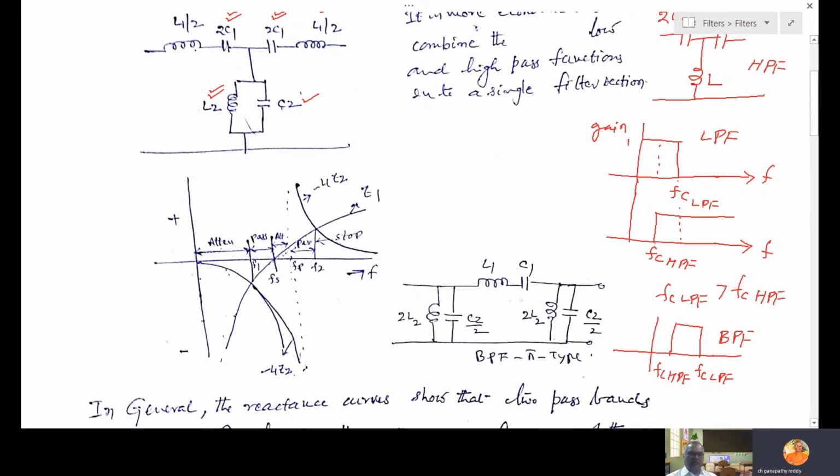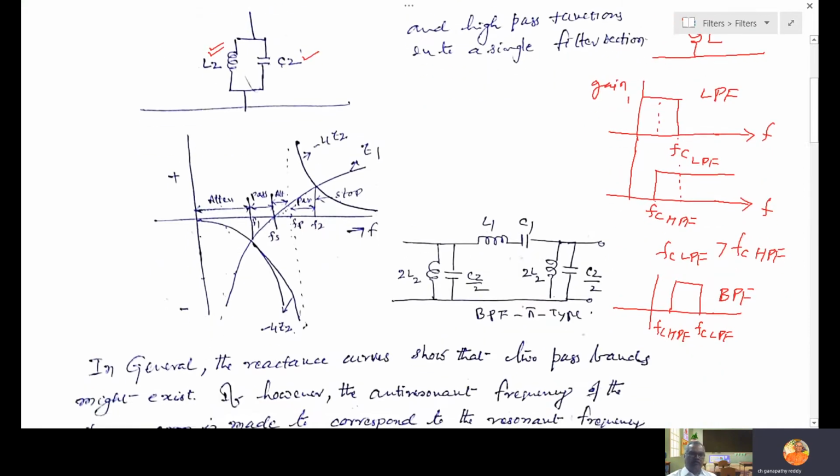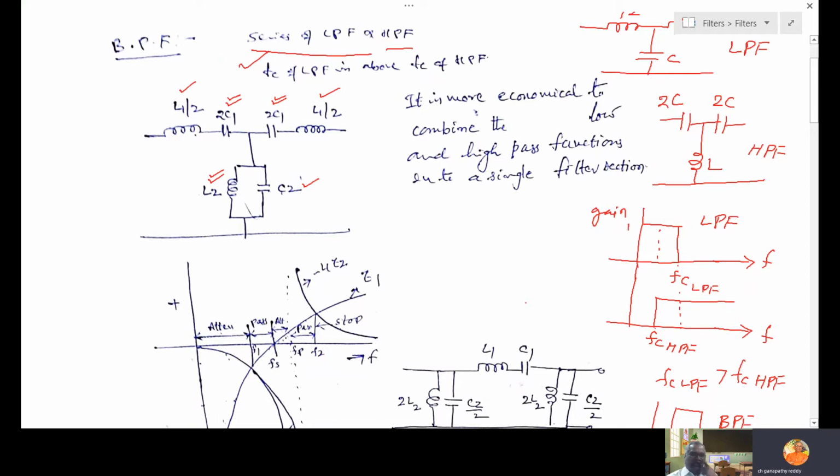Now again, same thing. How or why is it working like a band pass filter? Z1, if you see a series LC, this one is like a series L. So it will form a series resonance. At resonance, what is the net reactance? 0.